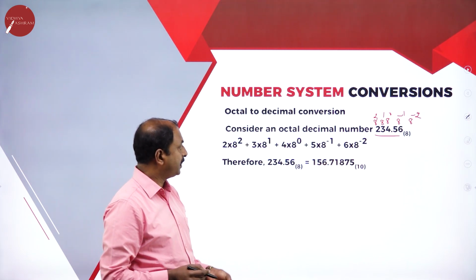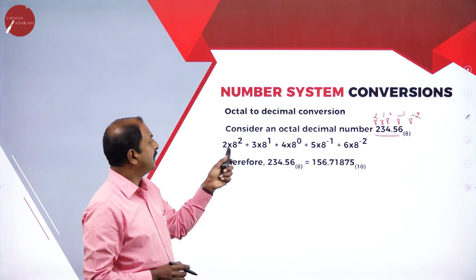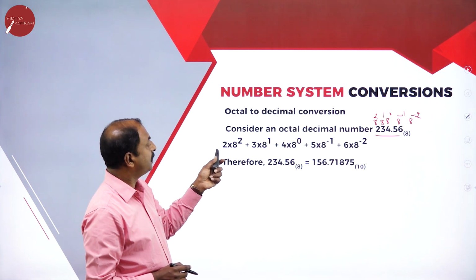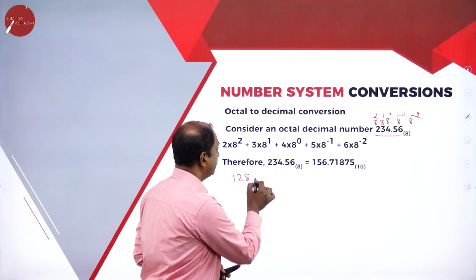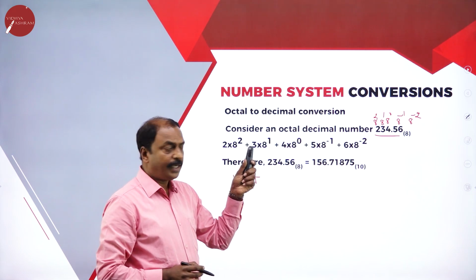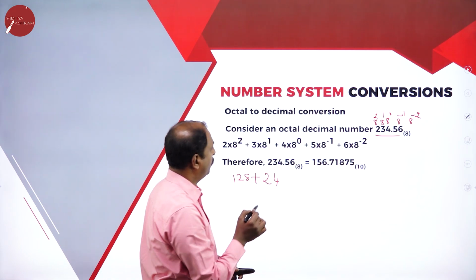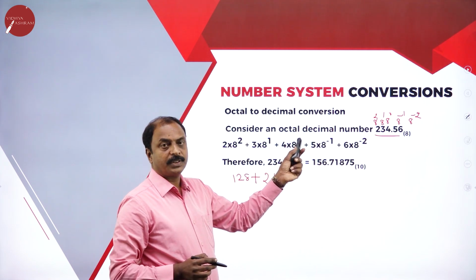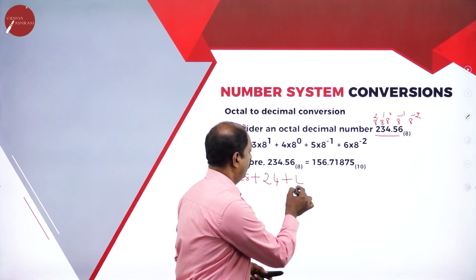When you multiply, 8 squared is 64, and 64 into 2 is 128, plus 8 to the power of 1 is 8, 8 into 3 is 24, plus 8 to the power of 0 is 1, so 1 into 4 is 4.